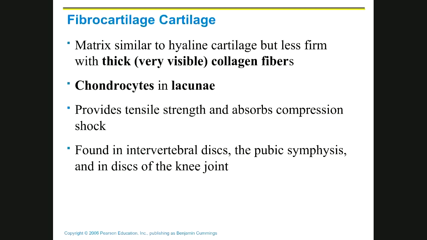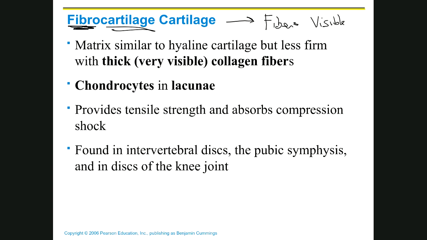And then we have one more kind of cartilage, and this is called fibro or fibrous cartilage. The reason it's called that is because the fibers are easy to see. The fibers are very visible. And the fibers here are collagen again.